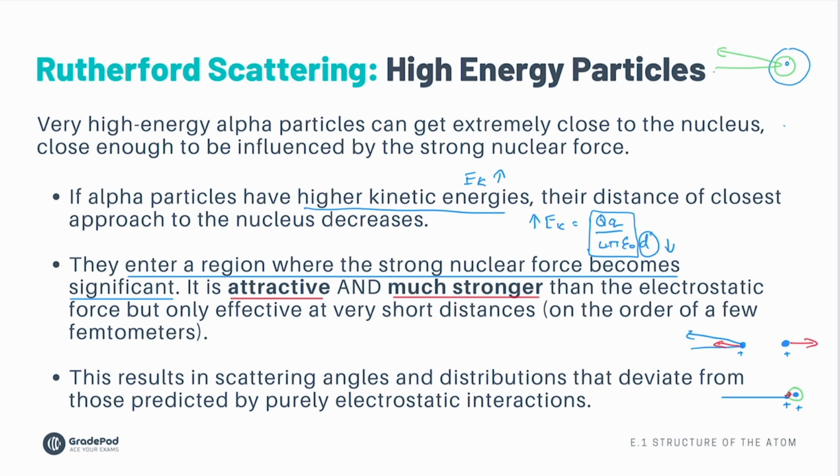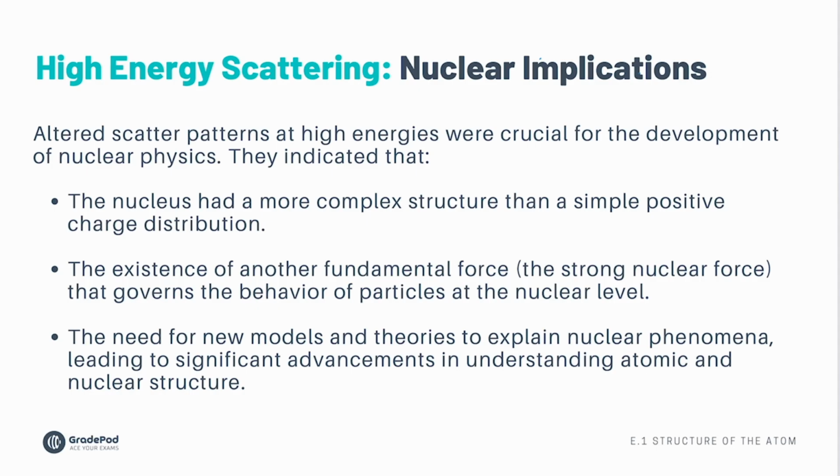And what happened was we saw the results in the scattering angles and distributions deviated from those predicted by purely electrostatic interactions. And when they saw these altered scatter patterns, when they whacked these high energy alpha particles at the nucleus, and they saw that actually they weren't being rebounded anymore, they were being attracted into that strong force, it really made them think about how the nucleus is made up.